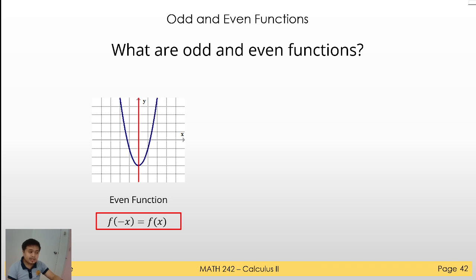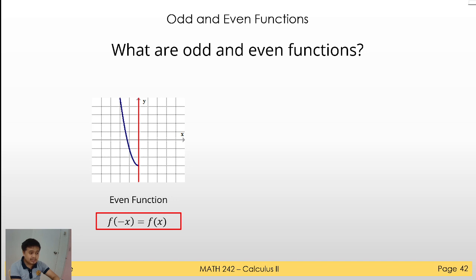So let's begin with even functions. An even function is a function wherein if we split this function into two at the y-axis, it will be symmetrical. So basically, an even function is a mirror image across the y-axis.